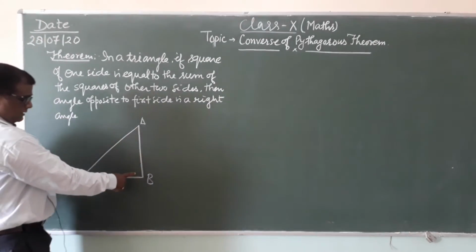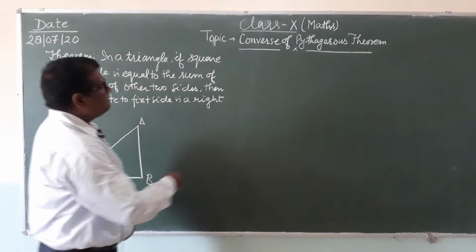Suppose this is a triangle ABC. That is, this angle is 90 degrees. It means, what is given?